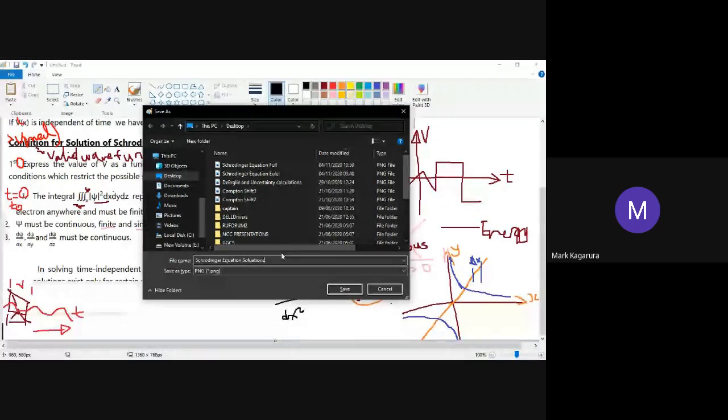Be able to spell it properly. Let me just do a paint window, which you may or may not be able to see.